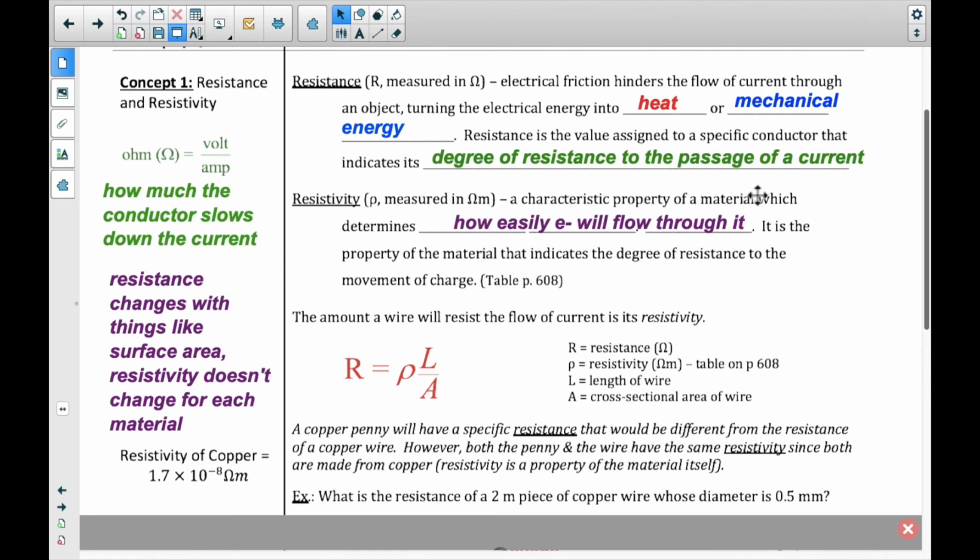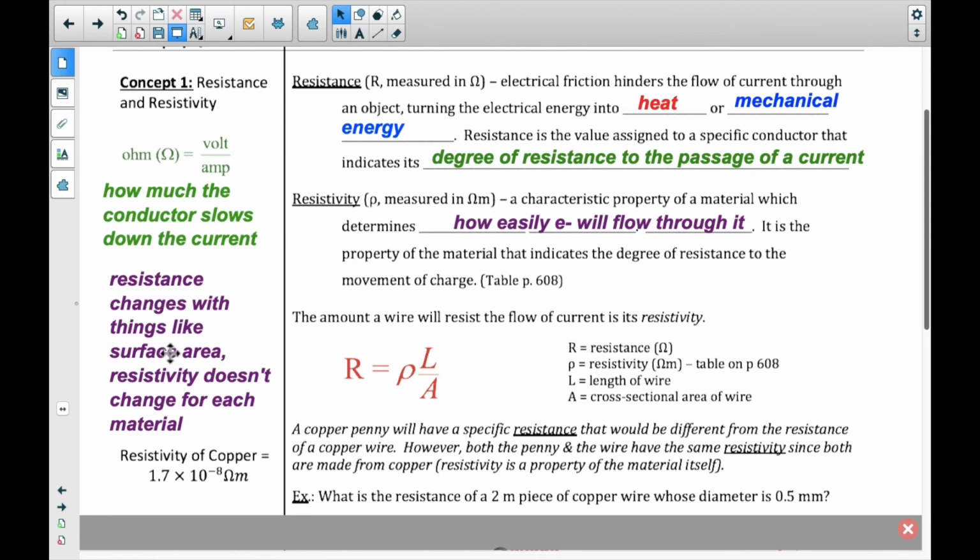It is a characteristic property of a material which determines how easily electrons will flow through it. It is a property of the material that indicates the degree of resistance to the movement of charge. So this is a table on page 608 in the Survey textbook that would show you the different resistivities.